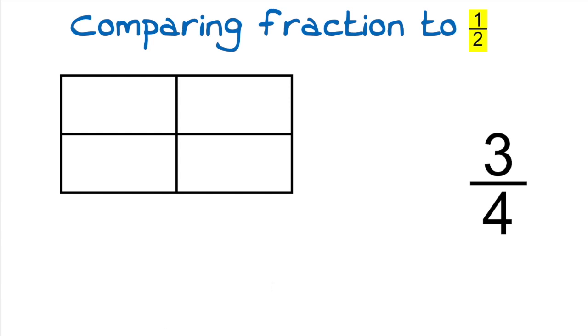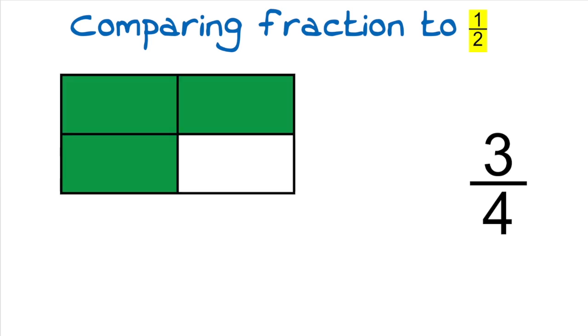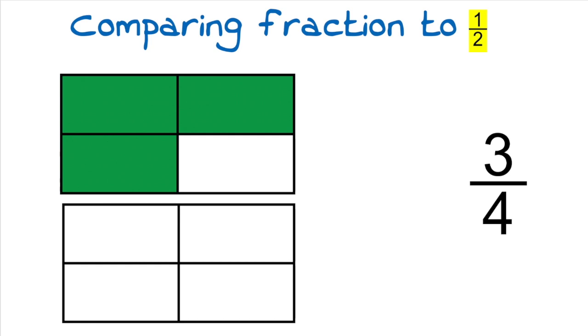Now, I know that I want to compare that 3/4 to 1/2. So I'm going to go ahead and show 3/4, and then I'm going to make another shape that's partitioned into fourths. And I want to know, if this shape is partitioned into fourths, how much would 1/2 of this shape be?